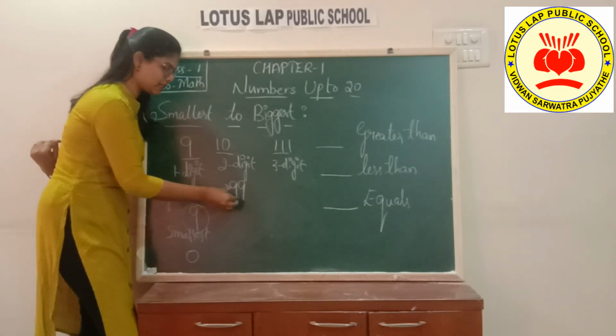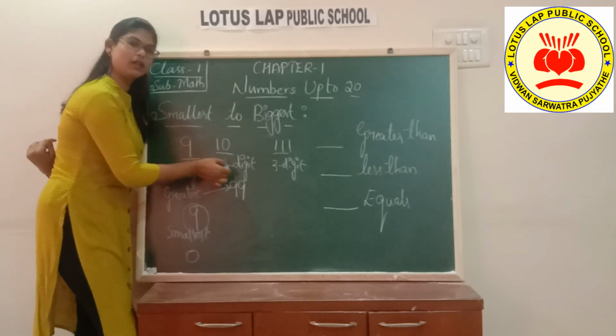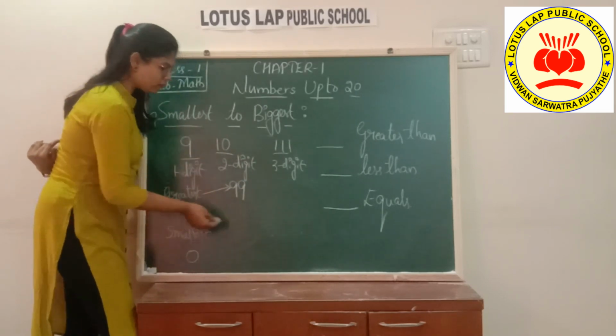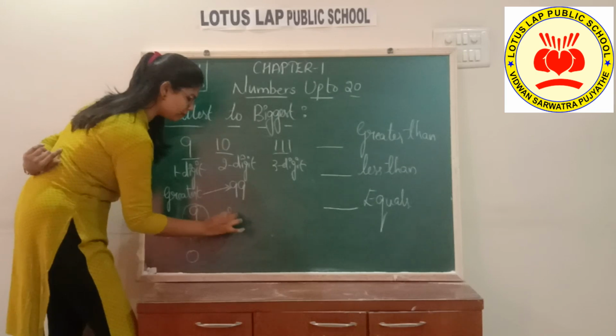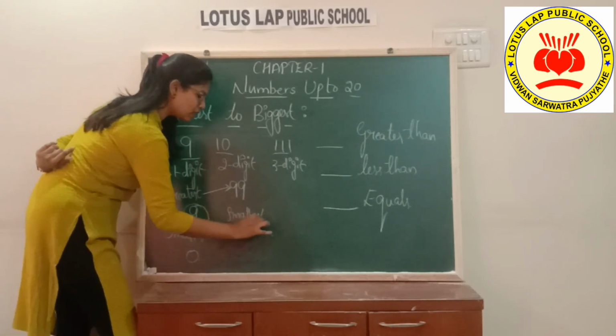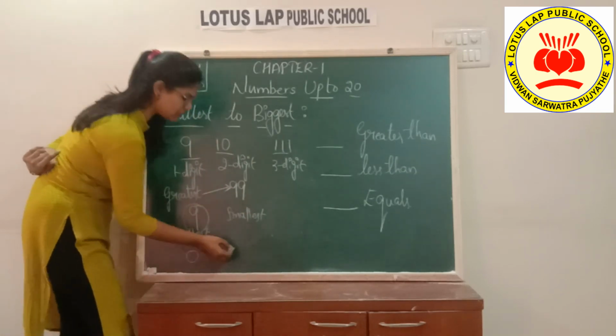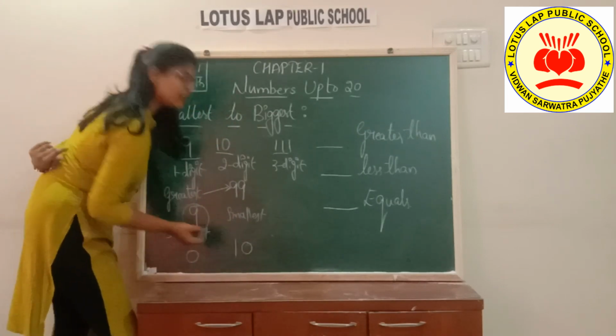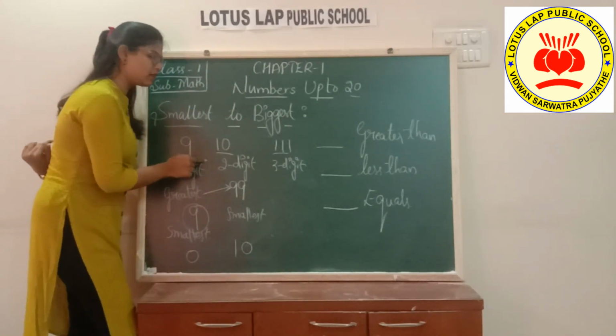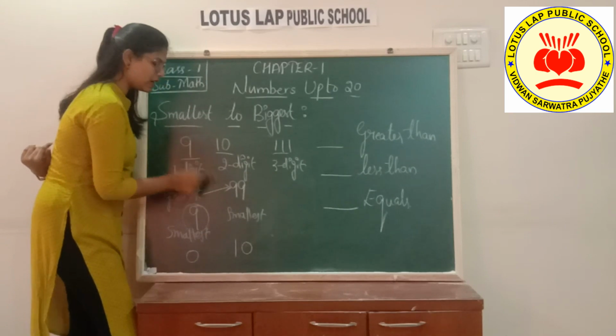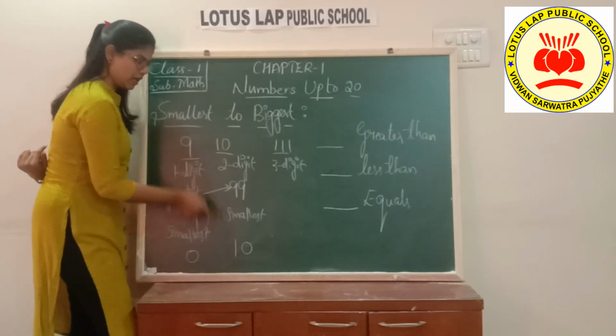So 99 is the greatest possible 2 digit number. Here what is the smallest possible 2 digit? Smallest possible 2 digit starts from 10. So that smallest possible 2 digit is 10.